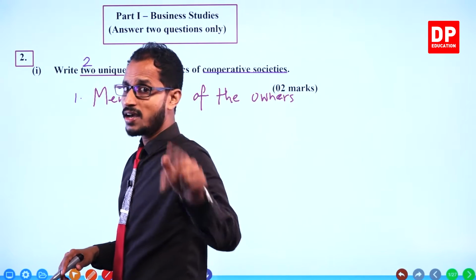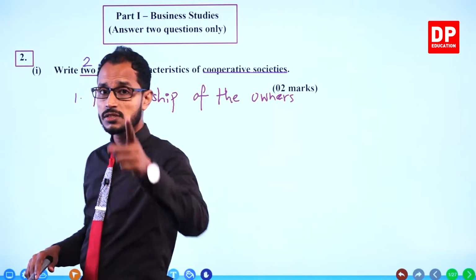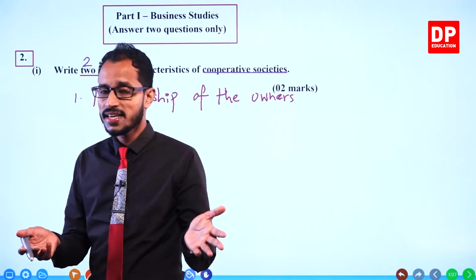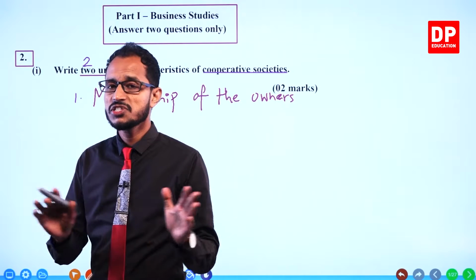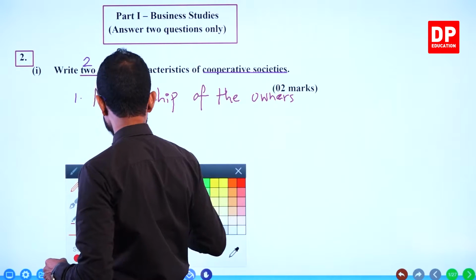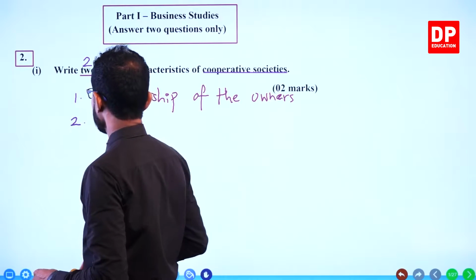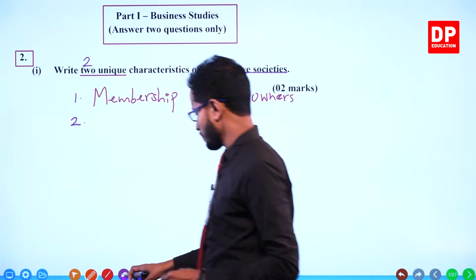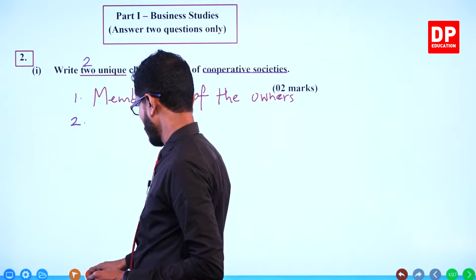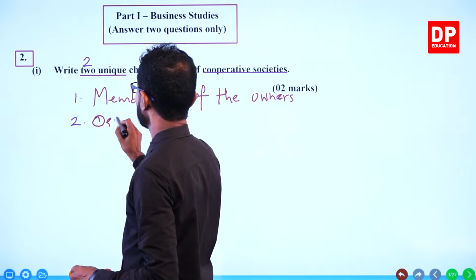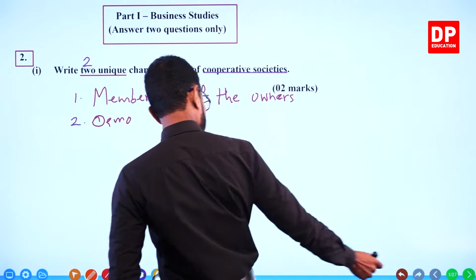Remember, you get only 2 marks for this question. You can't take the time that I'm taking to explain. You must finish this in 2-3 minutes. Membership of the owners and democratic control.